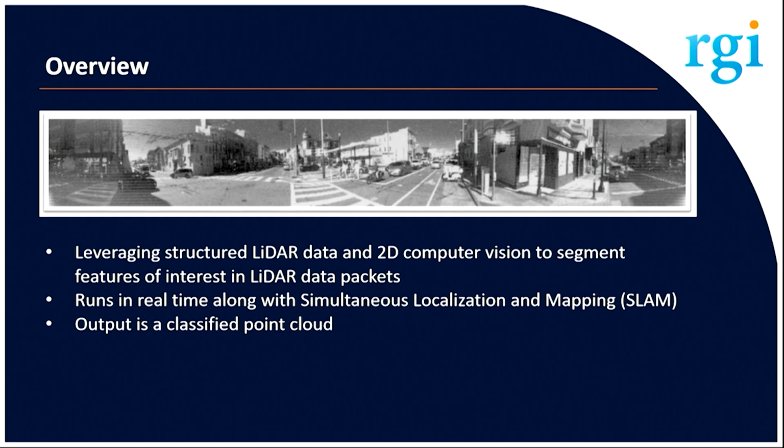But the SLAM algorithm grabs features such as the corners of buildings, street lights, what have you, and it can recognize that on following frames. And so it's able to say, okay, I've moved 10 feet here, I've rotated to the left here, et cetera. So it's able to build that map. And while we're doing object detection and segmentation on these objects, we can propagate that back to the point cloud while it's building the map, and it's quite useful.